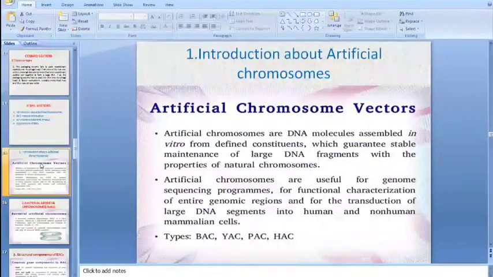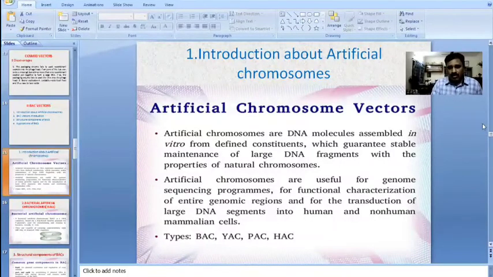Then, what are artificial chromosome vectors? These are DNA molecules assembled in vitro from defined constituents which guarantee stable maintenance of large DNA fragments with the properties of natural chromosomes.